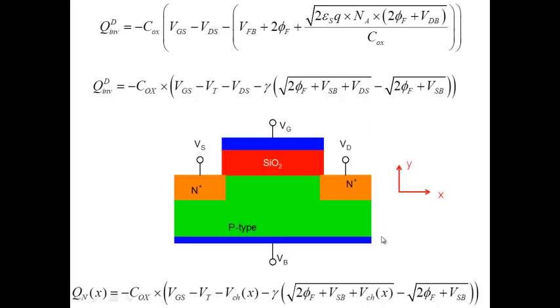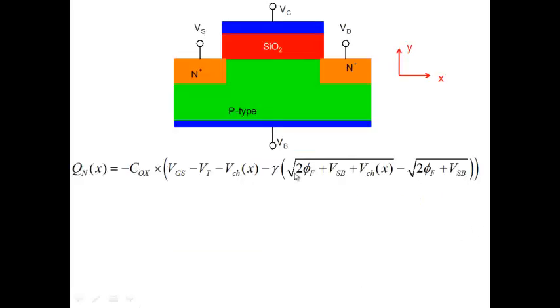Instead of VDS, we write the channel voltage measured with respect to the source, channel voltage minus square root 2 phi F. So that's a general expression for how inversion charge will change as you go along the channel. Minus Cox VGS minus VT minus V channel X minus gamma and so forth. All right, so this is the general expression.